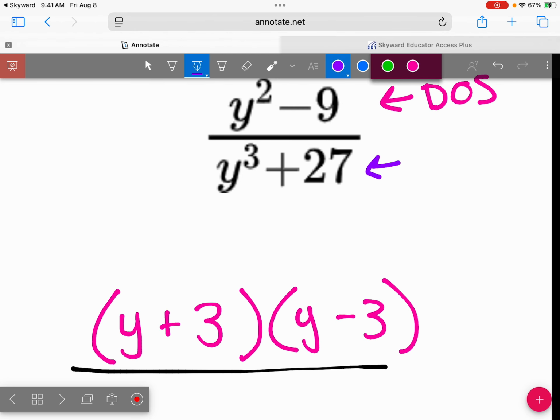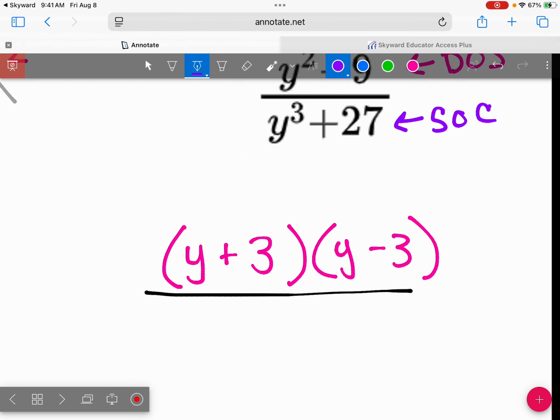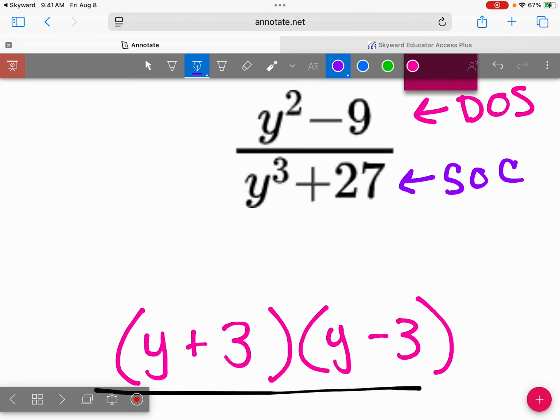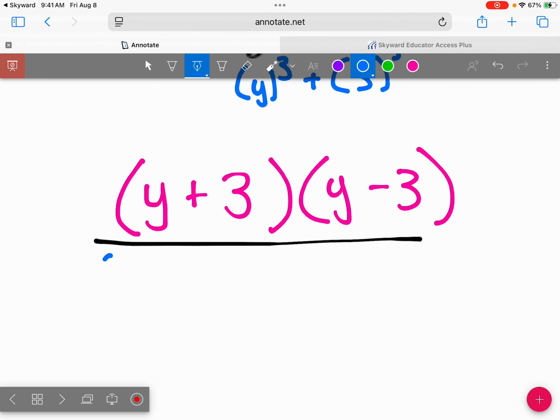Because this is the sum of cubes. So we have to use our SOAP pattern. Because we know that this thing is made up of y that's been cubed. And what cubed gives me 27? 3 cubed. Same thing, right? So this is when we use our other special pattern, where I have my front and the back.